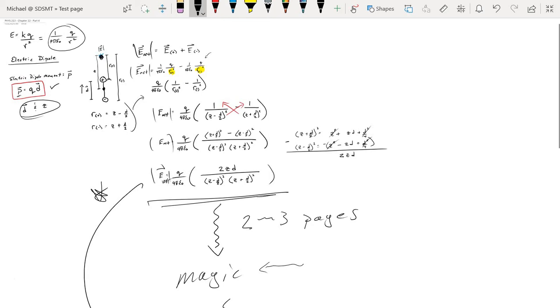This isn't going to work anywhere else in space, except maybe if you were below it. So as long as you're on this central axis of the dipole. Oops, I wanted that to be red, but we'll try blue. As long as you're on the central axis of that dipole, you can use this expression.